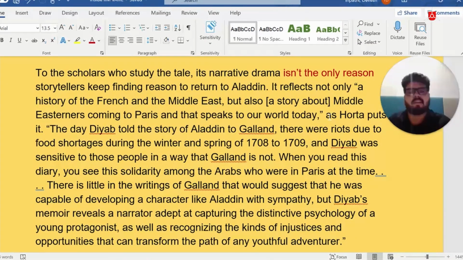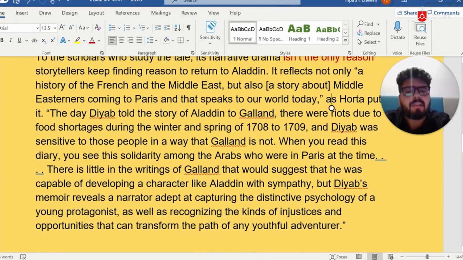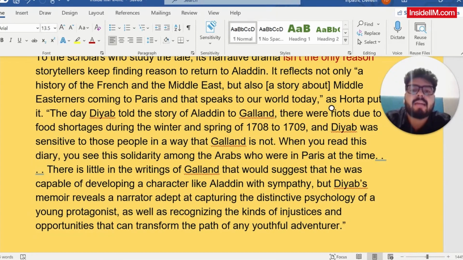Now, it says its narrative drama isn't the only reason storytellers keep finding reason to return to Aladdin. It reflects not only a history of the French and the Middle East, but also a story about Middle Easterners coming to Paris, and that speaks to our world today. So there are three things.